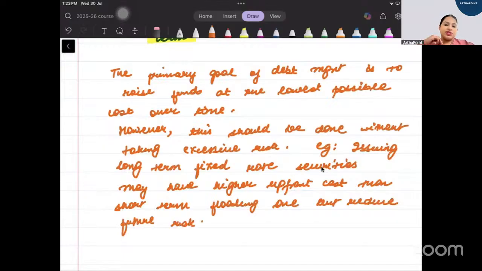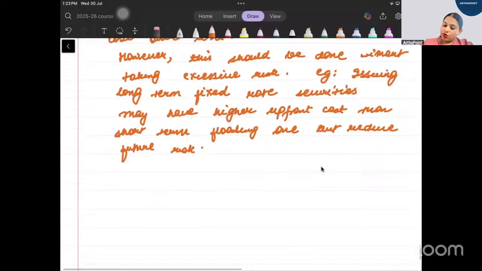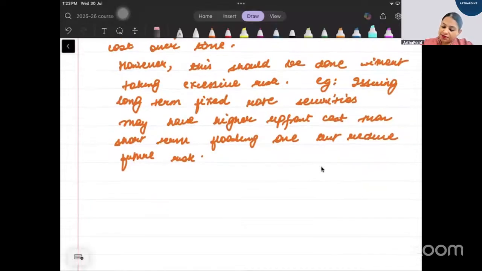So try to understand it. Long-term fixed rate security, because the rate is fixed, there is no uncertainty. So fixed rate is always more than floating rate, but fixed has no uncertainty with it. Whereas floating rate always is uncertain in nature because it keeps fluctuating, right? It keeps changing.